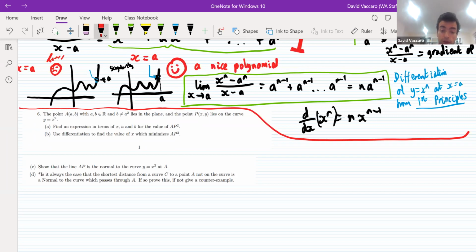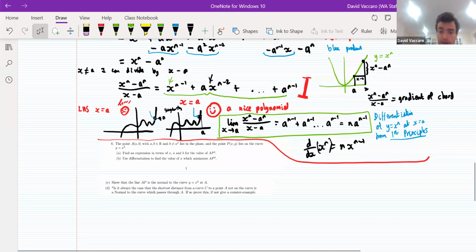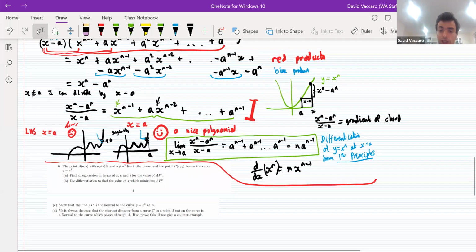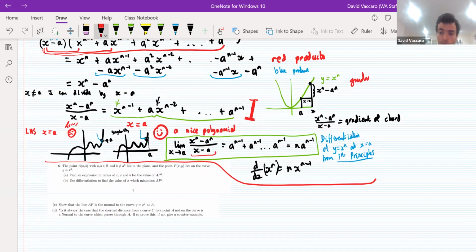So for example, it's not at all obvious the connection between this fraction, the gradient of the chord, and this polynomial. And by seeing proofs, you just start getting used to seeing things in different eyes.